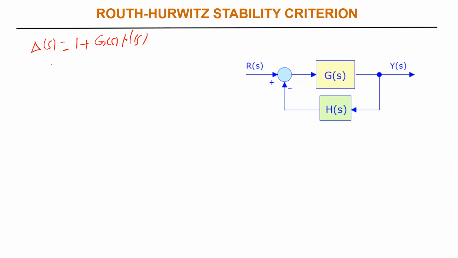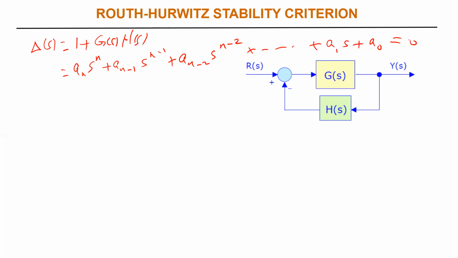Suppose my polynomial is equal to a_n s^n plus a_(n-1) s^(n-1) plus a_(n-2) s^(n-2) until, let's say, a_1 s plus a_0. This is equal to 0. This is the characteristic equation.